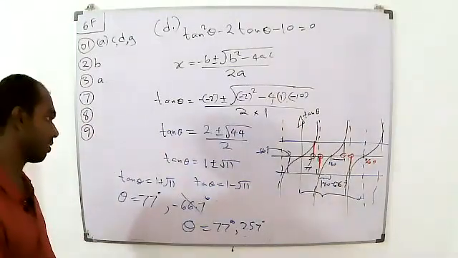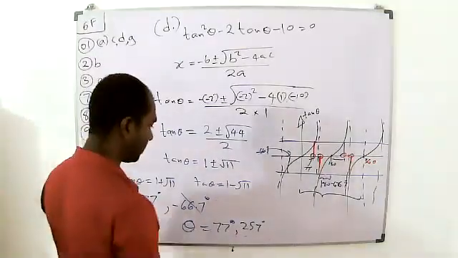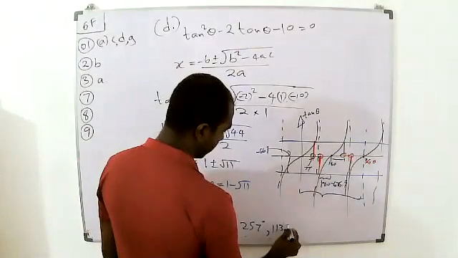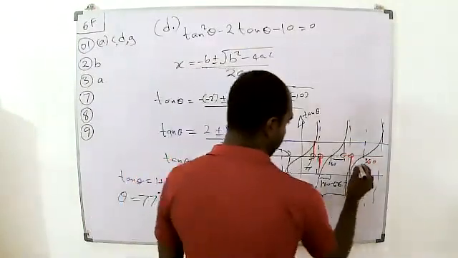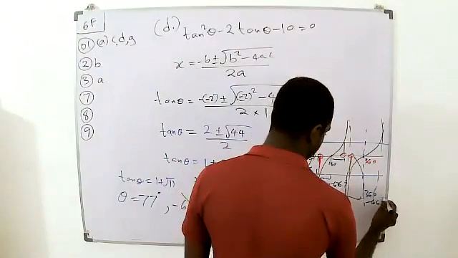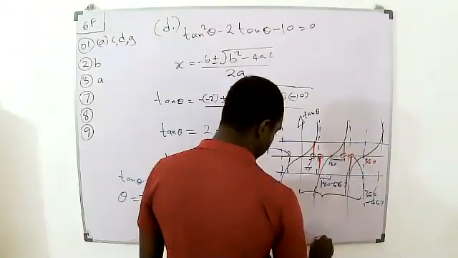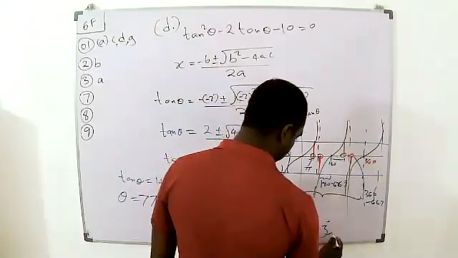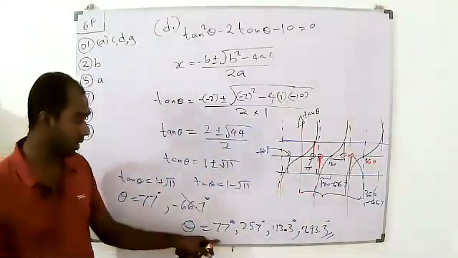It's going to be 113.3. And here, 360 minus this amount. This value here is going to be 360 minus 66.7. So it's going to be 293.3. These are the 4 results for theta.